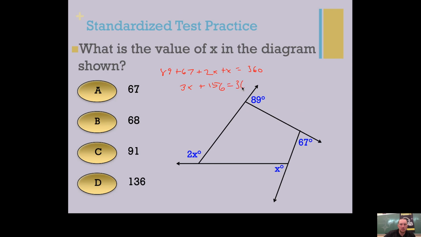I know together that's got to be 360. So if I subtract 156 from both sides, I get 204 over here. And that's what 3x is. So if I divide by 3, I get 68. So that's the value of x, 68. This guy would obviously be 2 times as big.